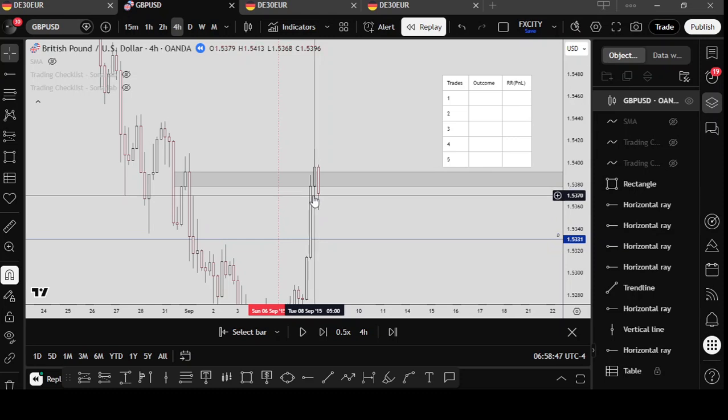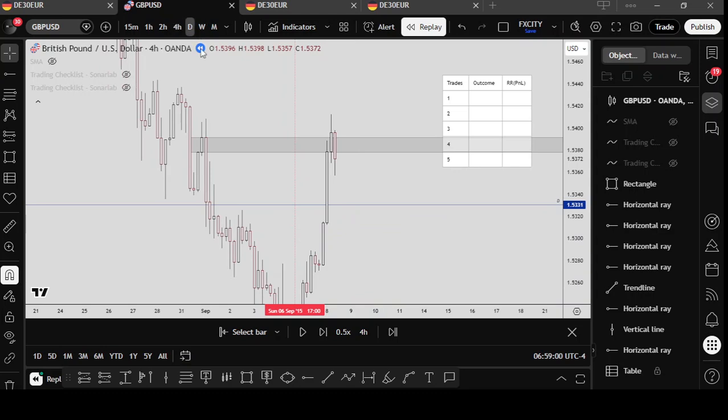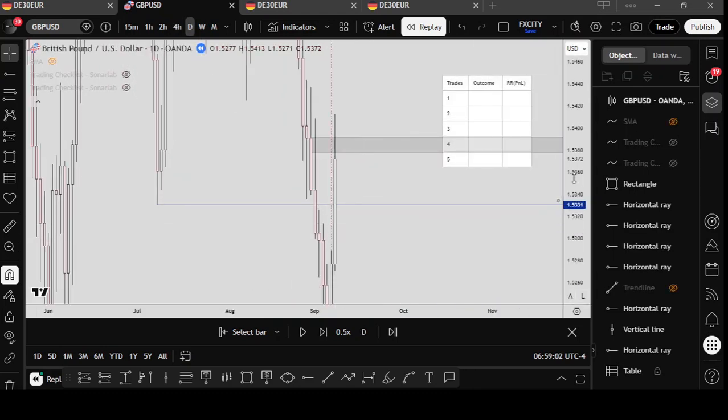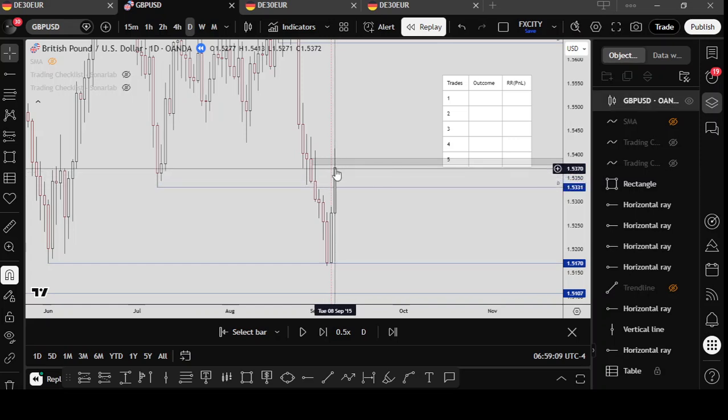It's simple because here you can see this is the last 4 hour candle of the day, and how possible is it for this 4 hour candle to close back below this? Our reasoning for holding this trade into tomorrow is that if we get a daily candle close back below this, then it's going to be a valid trade for us.